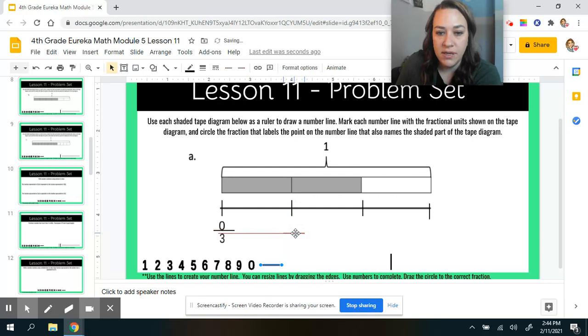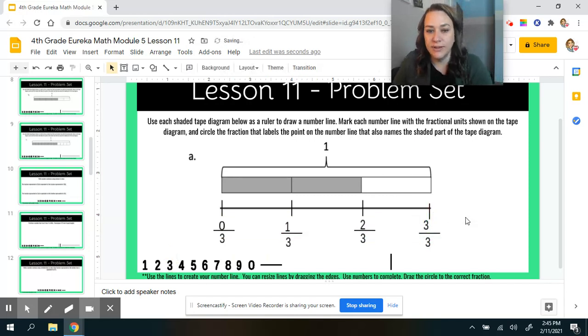And then this one would be 1/3. This one would be 2/3. And 3/3. So 3/3 or 4/4 or 5/5 would be equal to 1 whole. So if I had 3/3, that whole tape diagram would be shaded in, which means I have 1 whole.